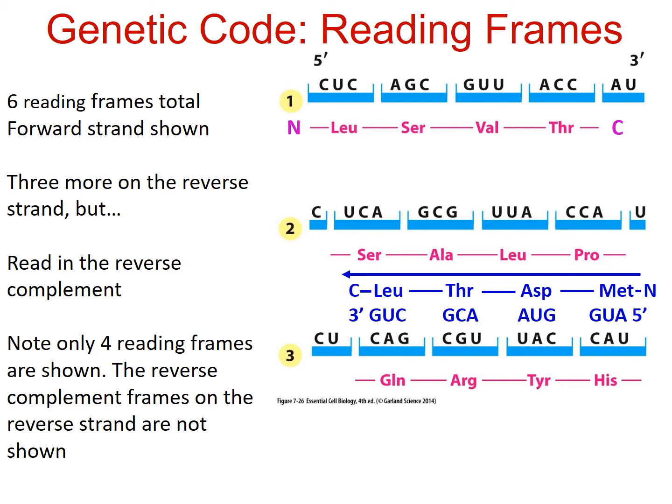So in any piece of DNA, there are 6 possible open reading frames, as they're called. You can read in 6 different registers, 3 on one strand, and 3 on the other strand.